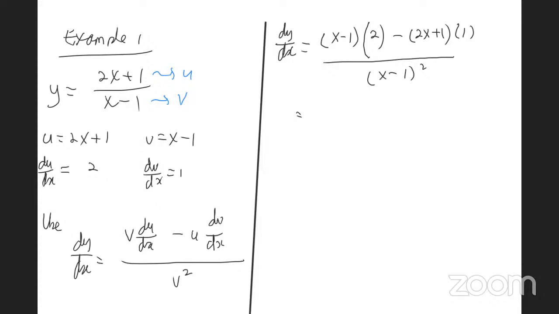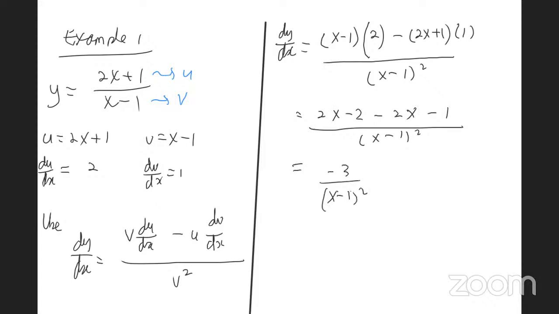So the numerator will give you 2x minus 2 minus 2x minus 1. Right, so this will cancel and you'll be left with minus 3 over x minus 1 squared. So you're basically finding du dx, dv dx, and then you're substituting in the formula.